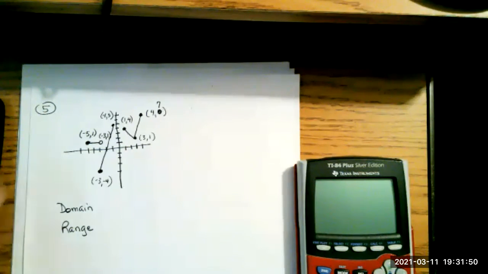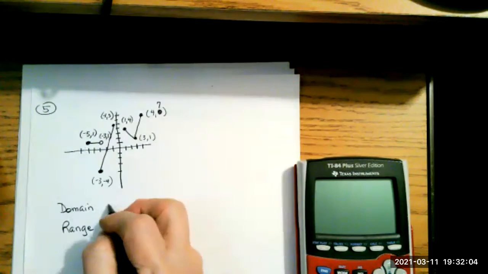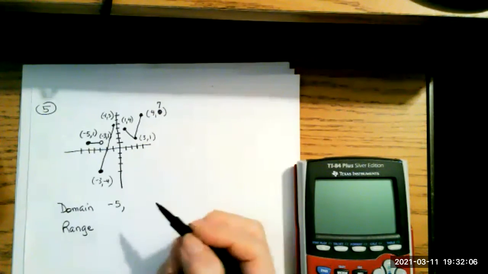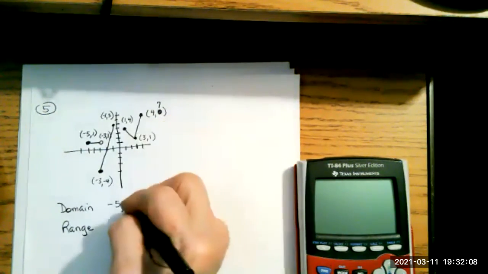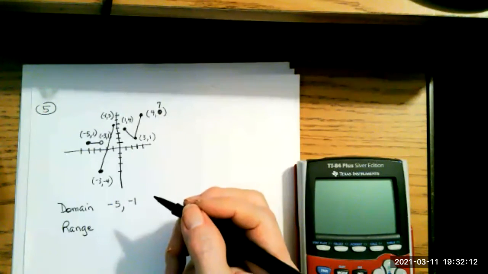I'll pick somebody. Natalie, how about you? Do you know this? I can try. I think it's -5 to -1. That's right. And now, do I use brackets or parentheses?